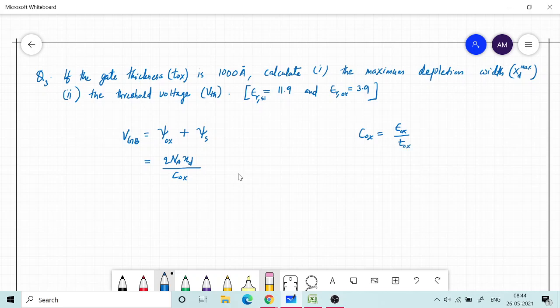So this we have derived, and then psi s also we derived. Psi s we obtained as Q, considering another Gaussian surface, and we got a second relationship. Both of these derivations, for psi ox and psi s, assume depletion mode, when the MOS is operating in depletion mode.